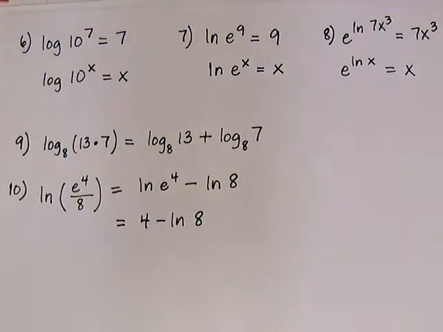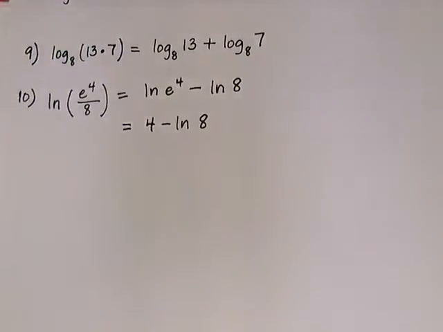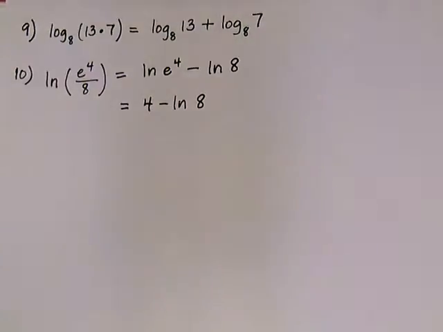So I'm going to have 4 minus ln of 8. Okay. So that final answer will be 4 minus ln of 8. So here you may have to evaluate a logarithmic expression as far as you possibly can, like in this one here. Now number 11.